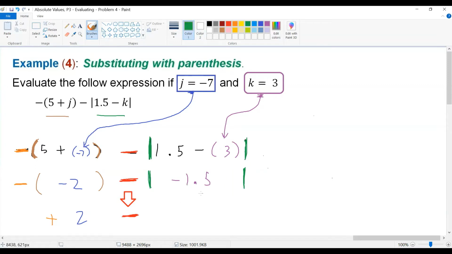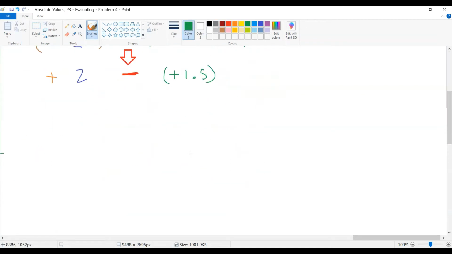So the absolute value of negative 1.5 will give us a positive 1.5. So now what the problem really says is, what is 2 minus 1.5? Oh, this is a nice and easy problem. That would just give us 2 minus 1.5, which will equal 0.5.